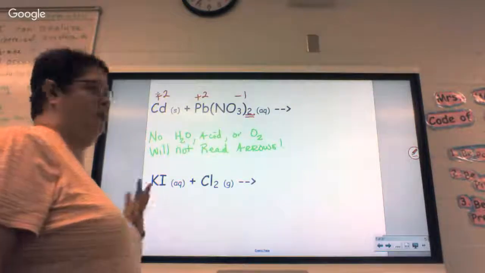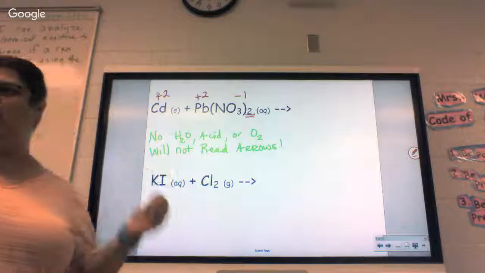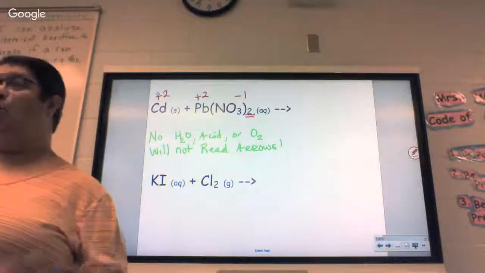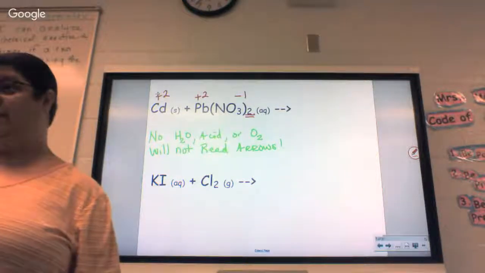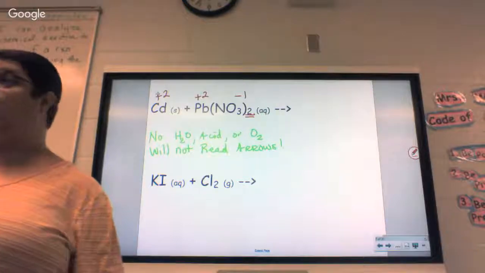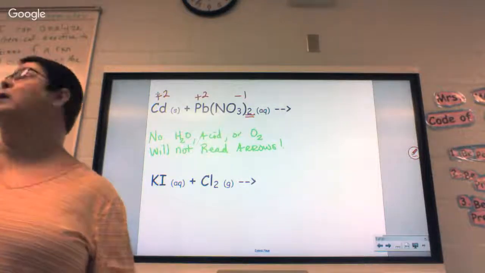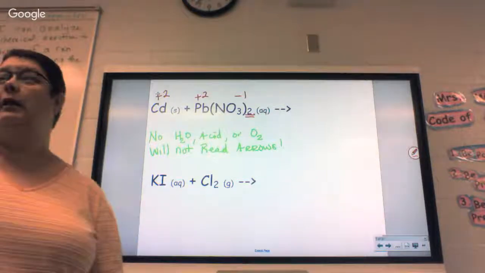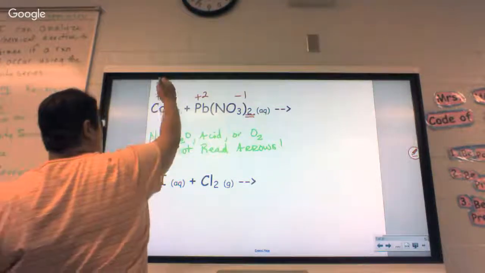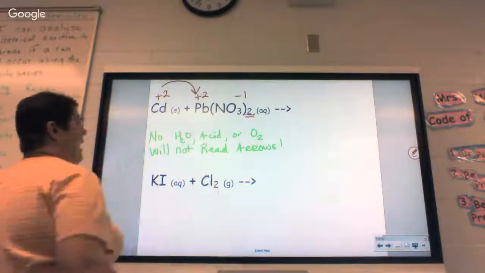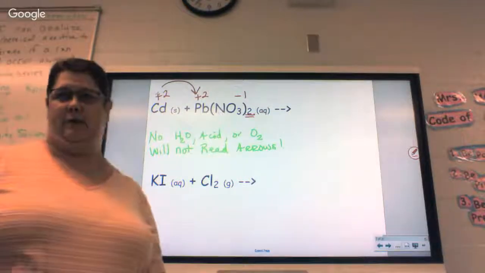So, given that information, who is displacing who? Who is by itself? Cd, being the one that's alone, has to be big enough and strong enough to knock who out of the compound? Lead. So Cd has to be big enough to knock lead out of its position in that compound.